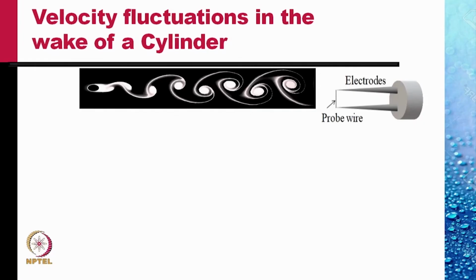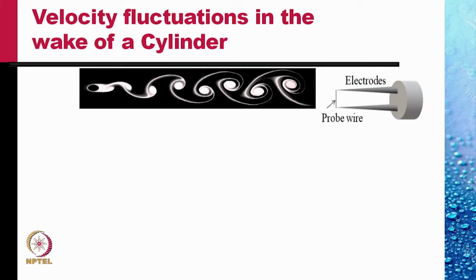If we measure the velocities in the wake behind the cylinder, through a device which is known as a hot wire anemometer. This consists of two electrodes across which a very thin wire is stretched. This wire is heated with an electric current.